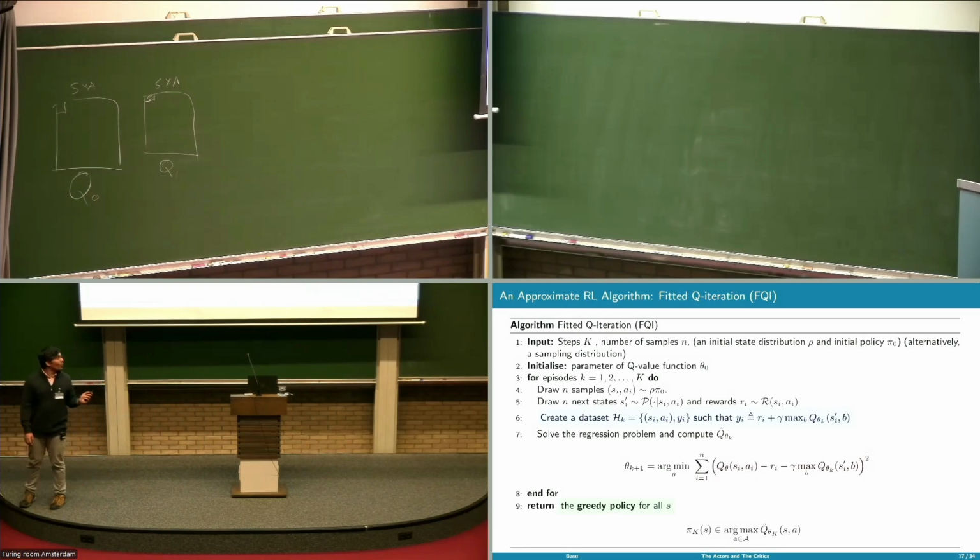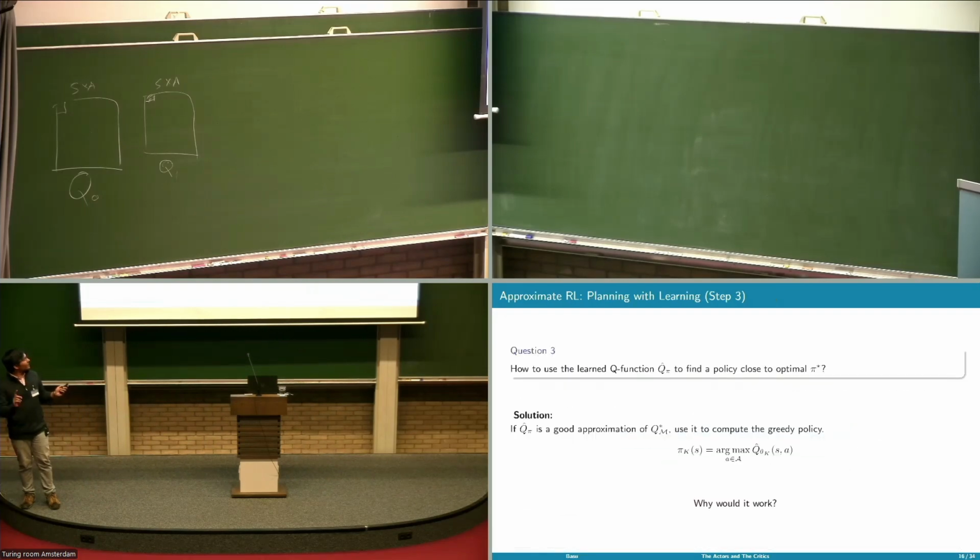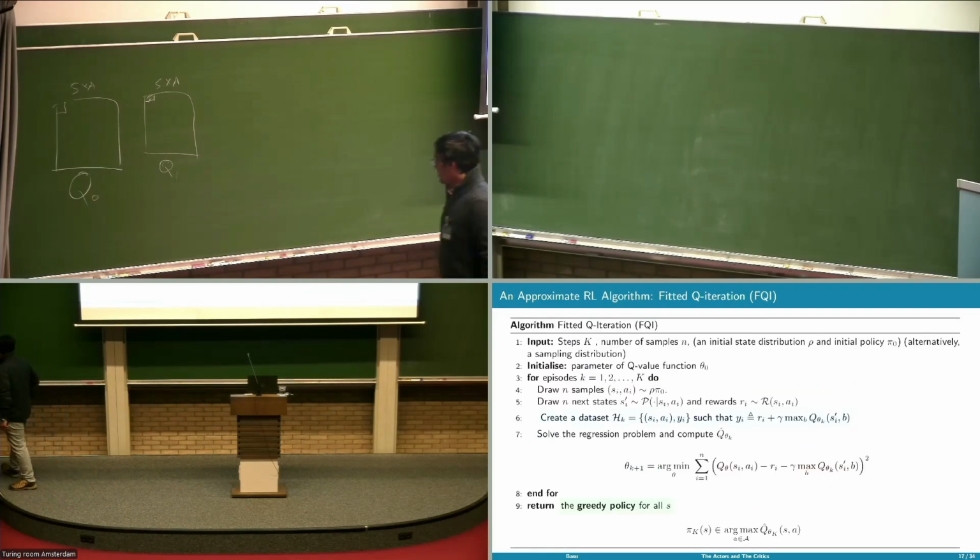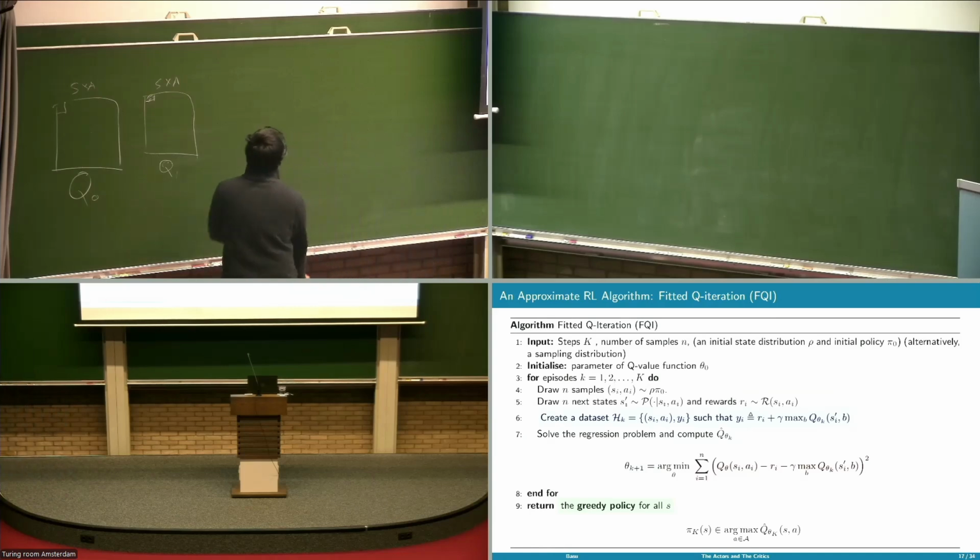Let me remind you, maybe I'll write it here so that we remember it, because that's the whole purpose: we have this Q theta k plus 1 that we want to find out, and that is basically the optimal Bellman operator applied on this thing. And I said we want to do this regression rather than applying the Bellman operator per state and action to get to this estimate.